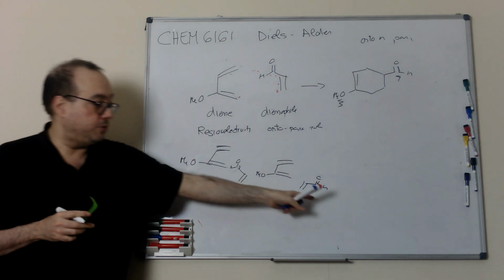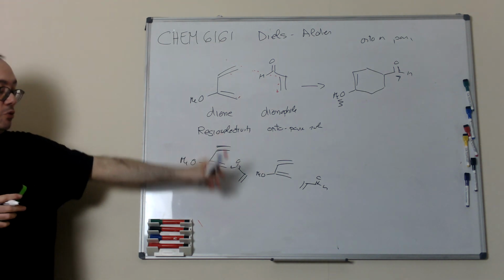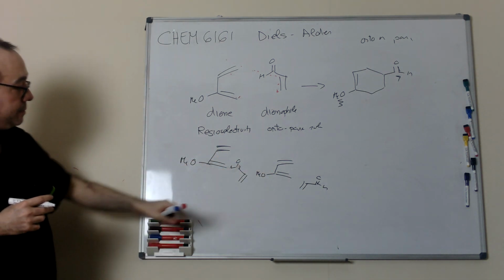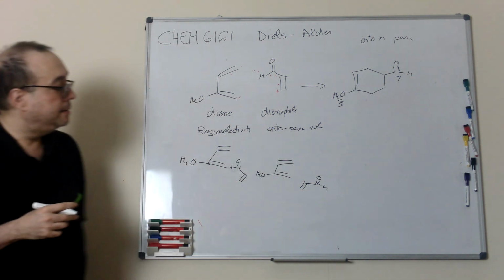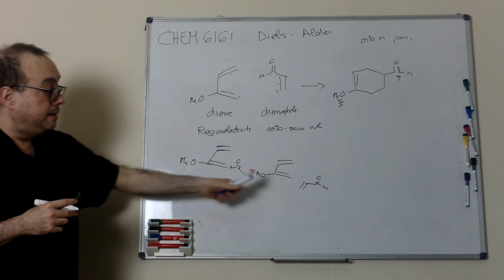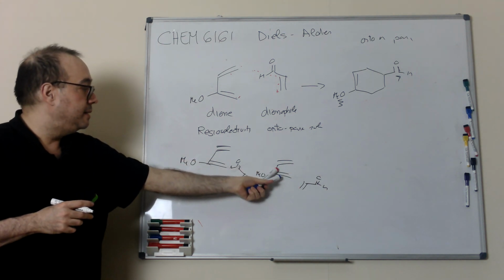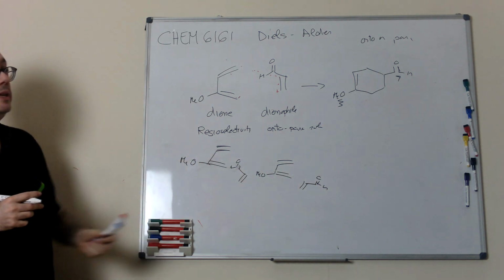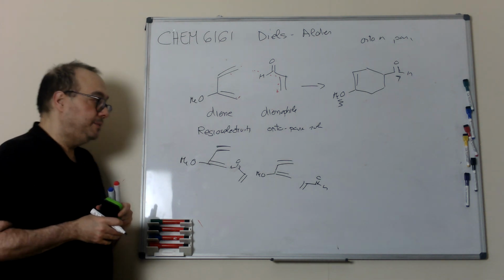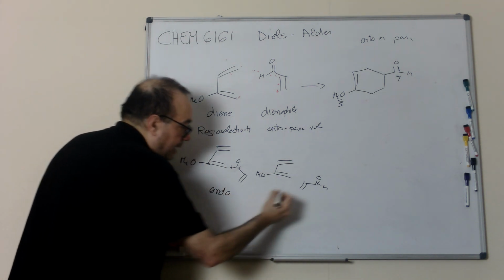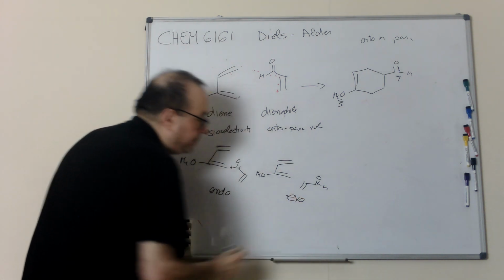We have these two approaches, both from the bottom, but basically with the aldehyde far away from the diene, or the aldehyde just in the direction of the diene. This is considered the endo approach, and this is the exo approach.